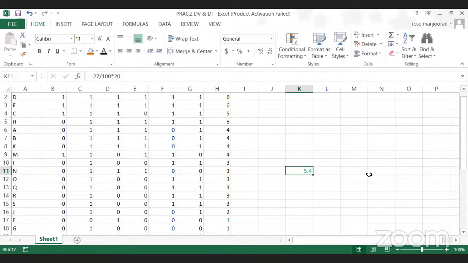Ma'am, why have we used 27 as a number? Because that is the criteria to select. We have to take the 27%. It is Kelley's method, irrespective of the group or the categories. Actually, we have to select the 27% from the upper group and 27% from the lower group.